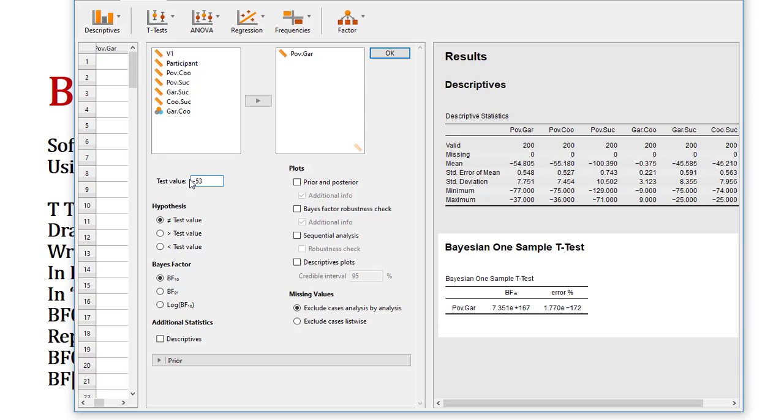But we have a technical problem. Remember that when we test against a value, what JASP does is to put as a prior a spike on that value. So the null model is that there is a spike on minus 53, and the alternative model is a Cauchy distribution with values around minus 53.